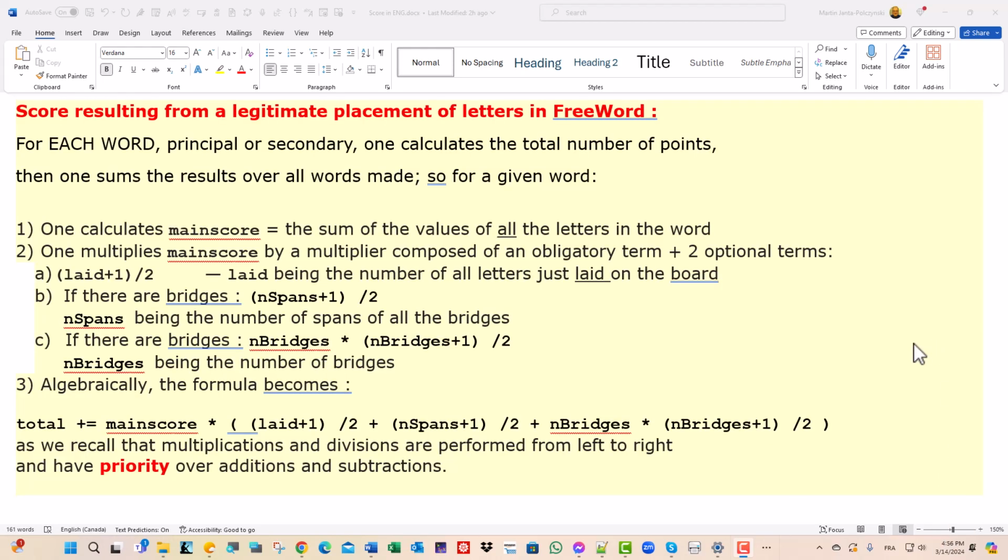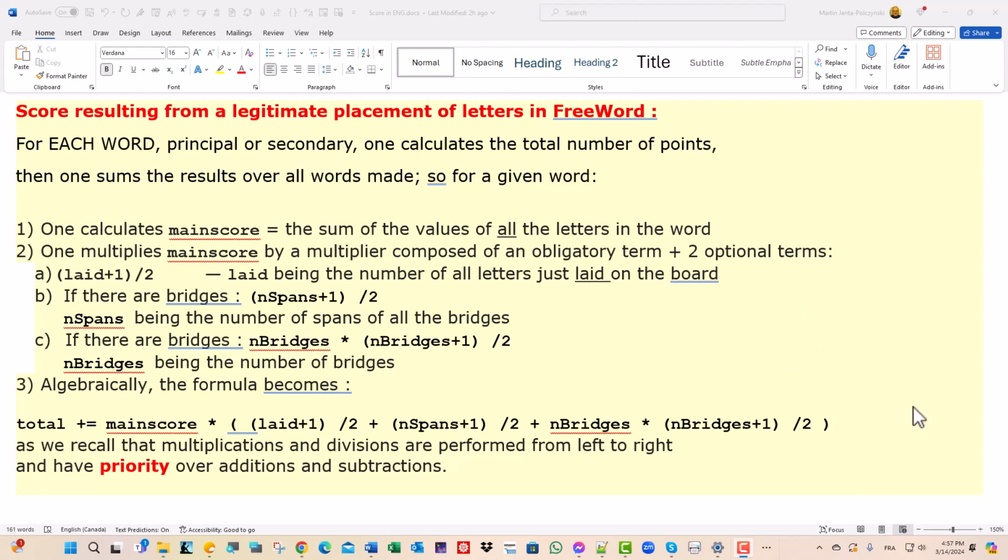The basic idea behind scoring in FreeWord is rather simple. You sum up all the letters, recent or old, in your word, if you have one word, and you multiply by about half the number of letters that you have just laid in this turn. Things become more complicated when there are several words made and when there are bridges which have spans of different lengths.